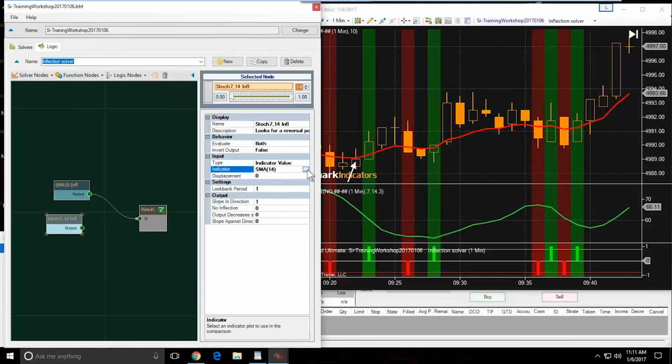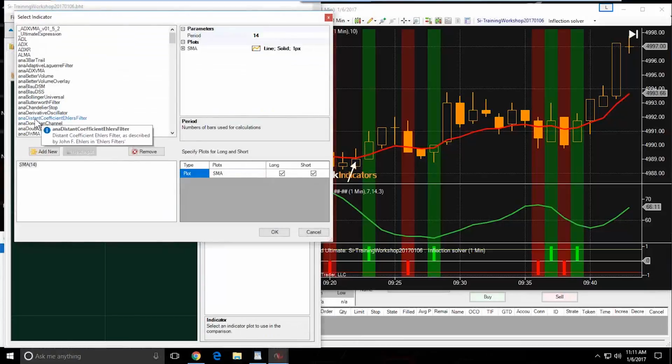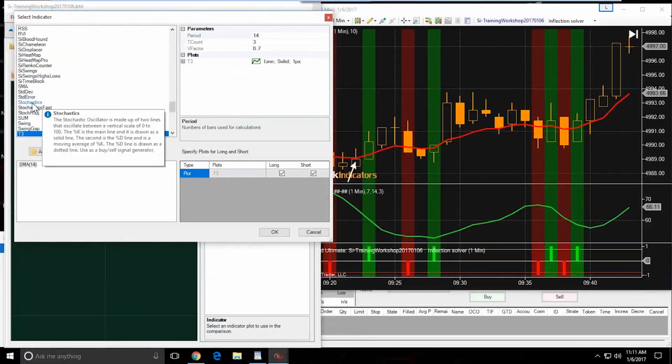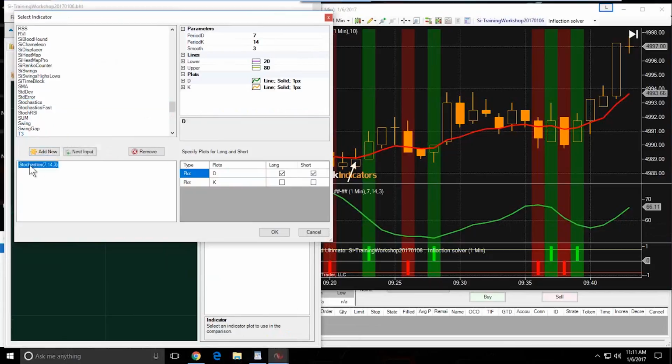Let's change our indicator here. I'm plugging in the stochastics, and I'm going to use the default settings of 7 and 14. And the D. I think I have %D on my chart.